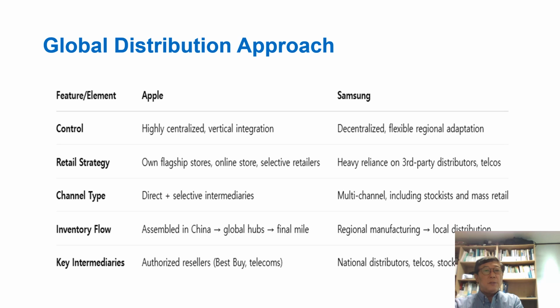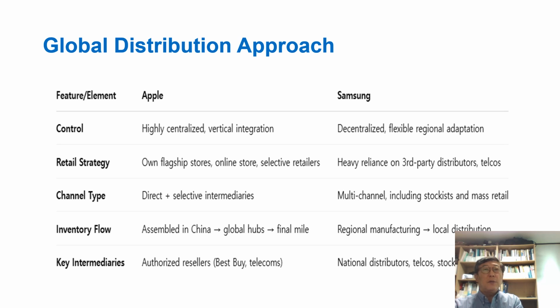Apple's retail strategy is its own flagship stores, the Apple Store, the online store, and selective retailers. Samsung relies heavily on third-party distributors and telecom companies. Apple's channel types are direct and selective intermediaries, while Samsung is multi-channel, including stockists and mass retail.